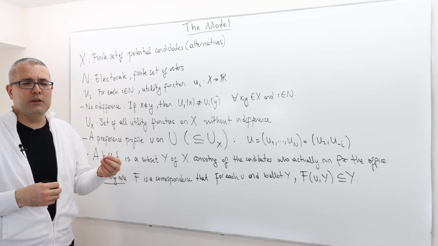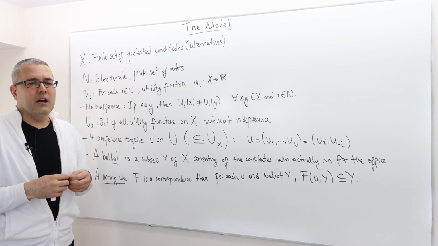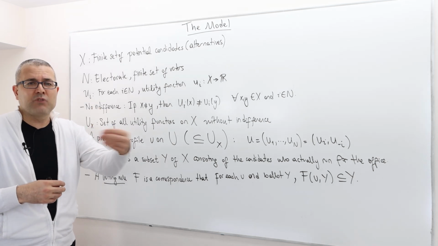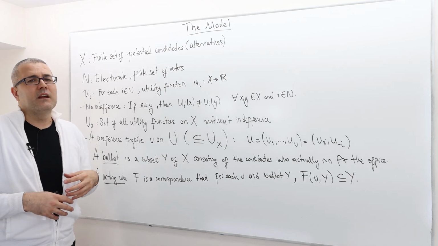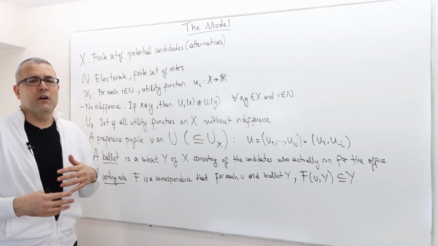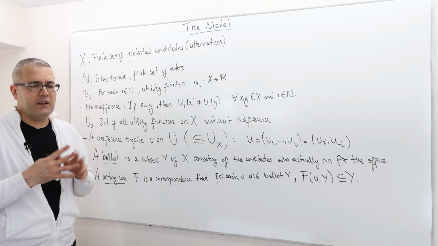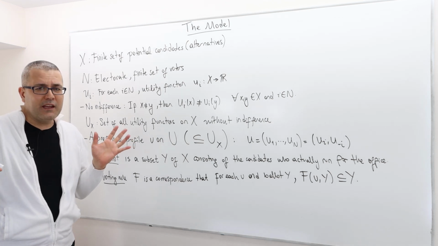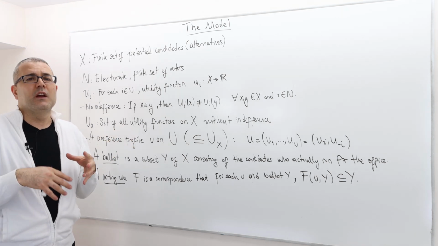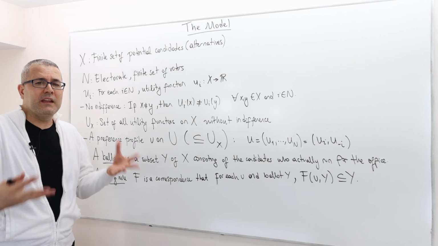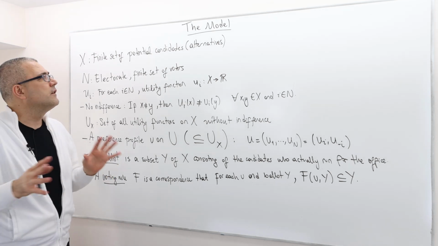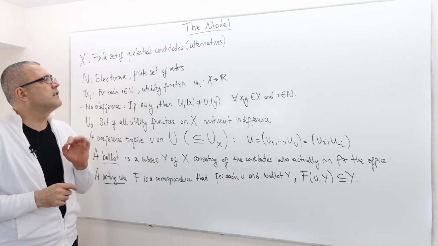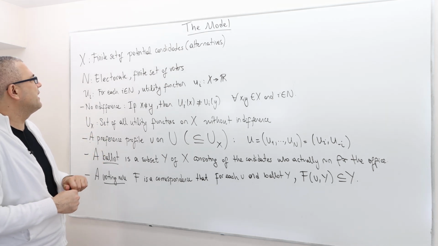It is someone who potentially may run for the office, but at the end may decide not to. You can think of this as all potential candidates, some of which are going to participate in the election, but maybe not all. So X is the finite set of potential candidates.